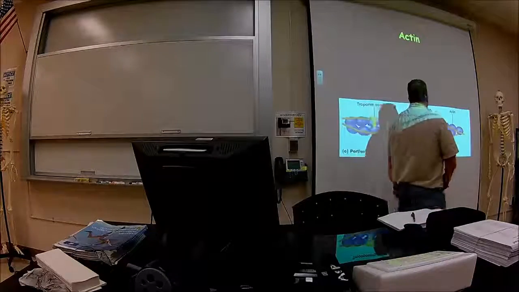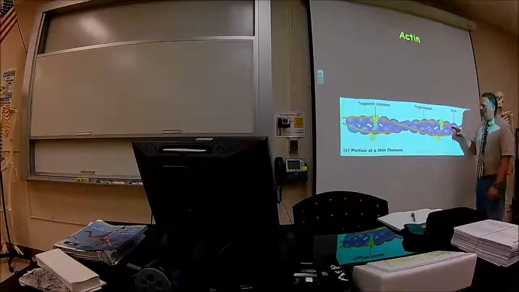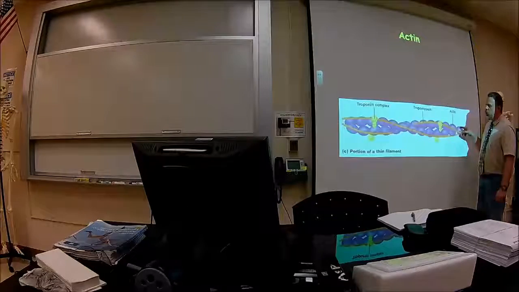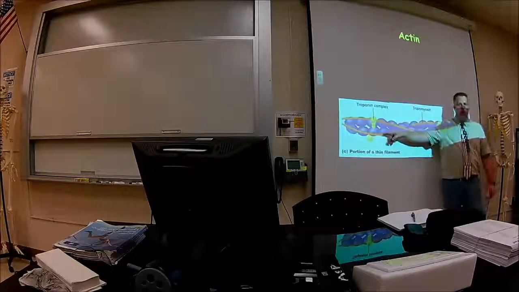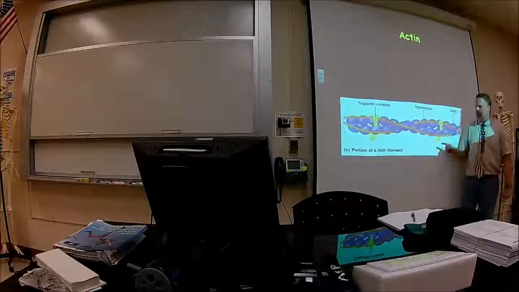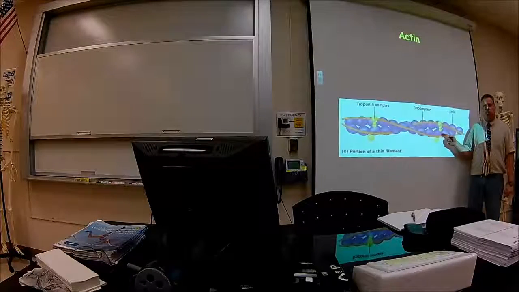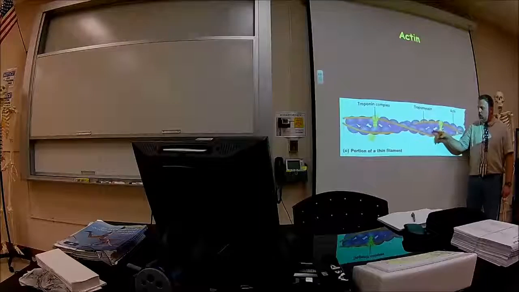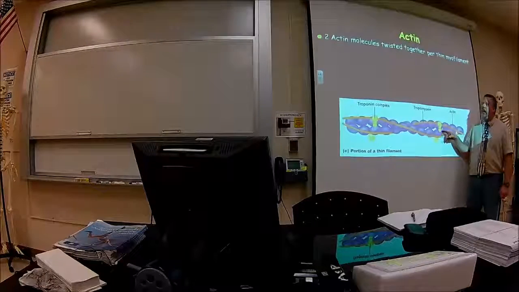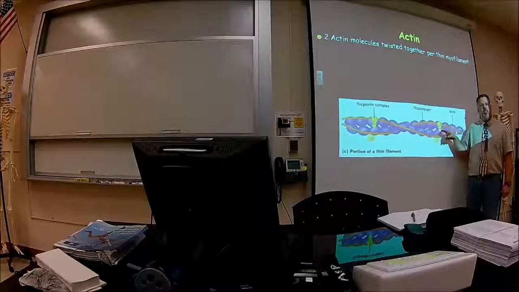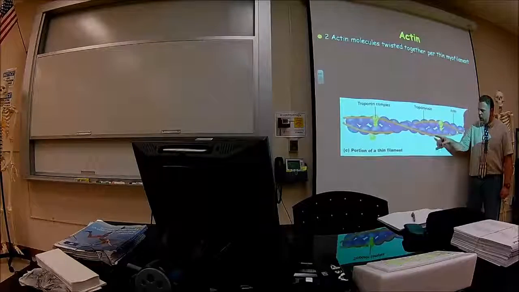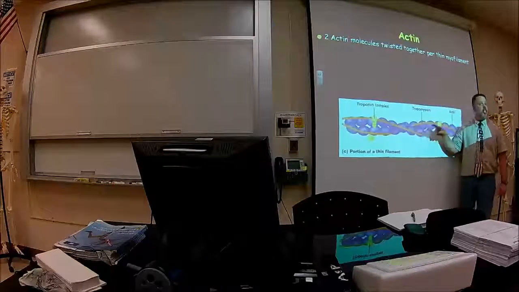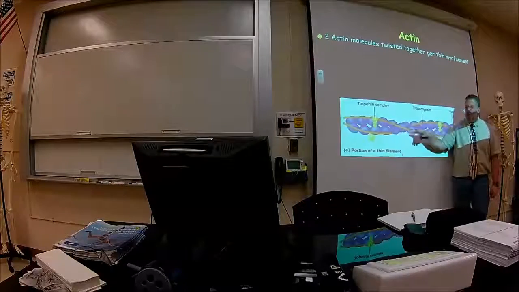Basically, an actin molecule looks like two strings of pearls twisted with each other. That's the purple here. And each one of these molecules, these purple beads, has a myosin binding site. You can see the darker end of it, but it's being blocked by this orange stripe here.